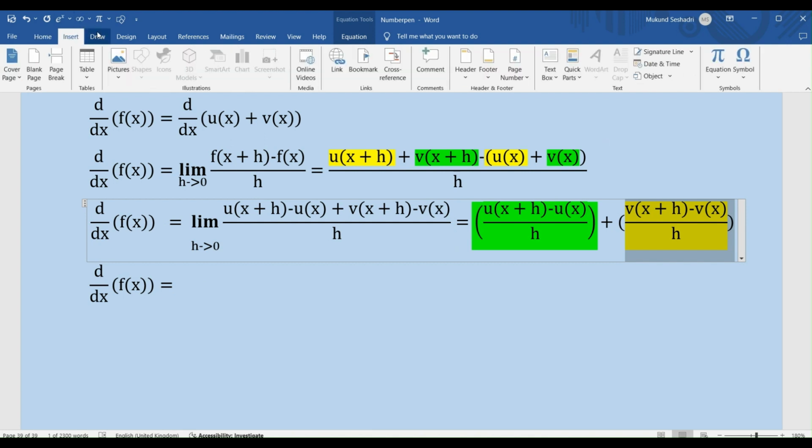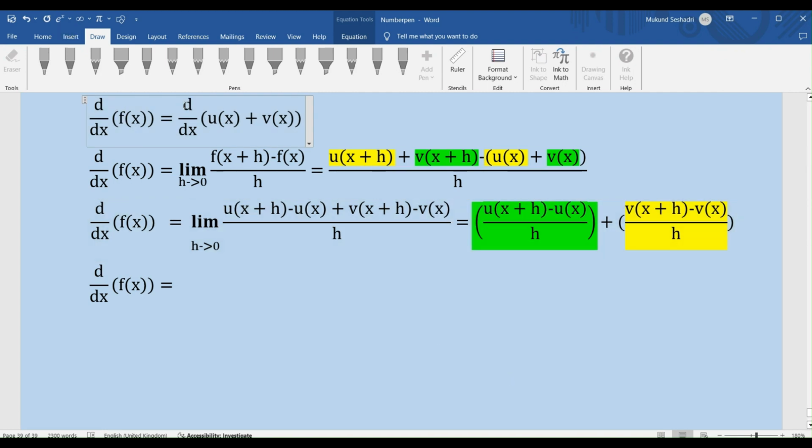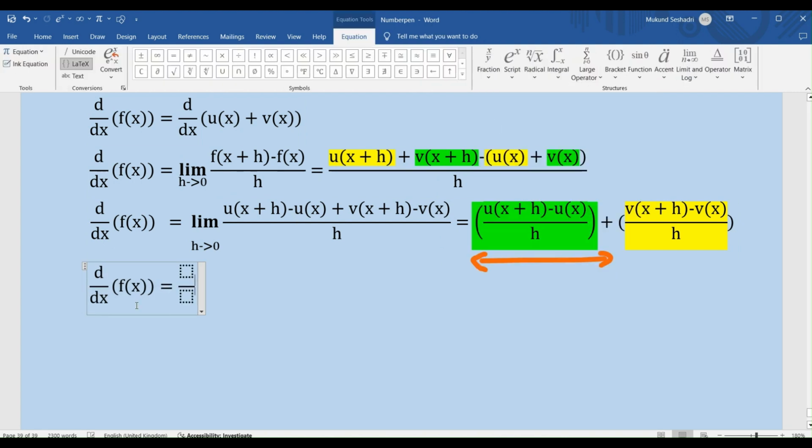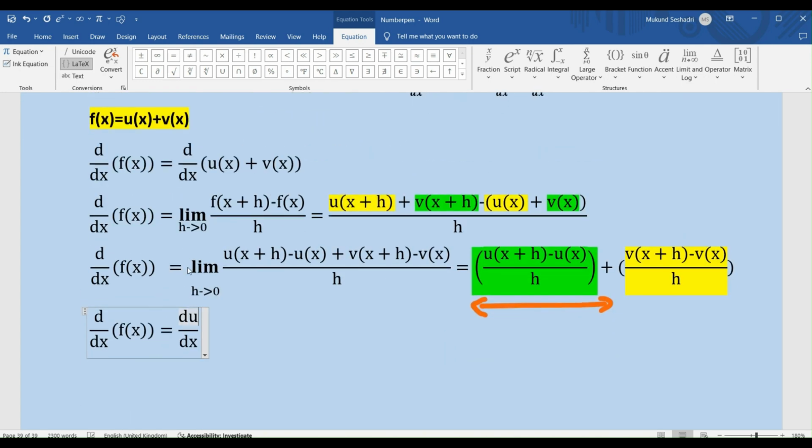So this term is nothing but my u dashed of x, which is my d by dx of u of x, right? So my d by dx of u of x, which is du by dx. You don't have to explicitly mention x out here, it's quite understood.